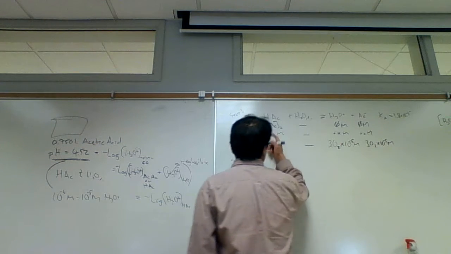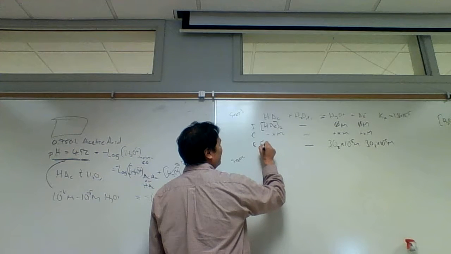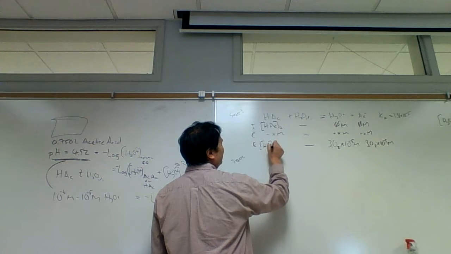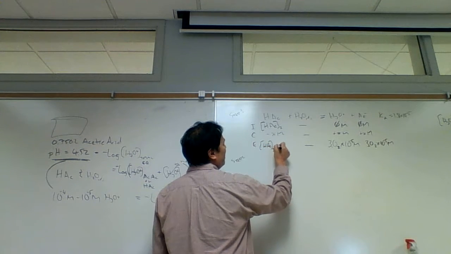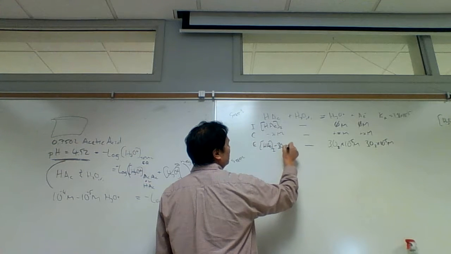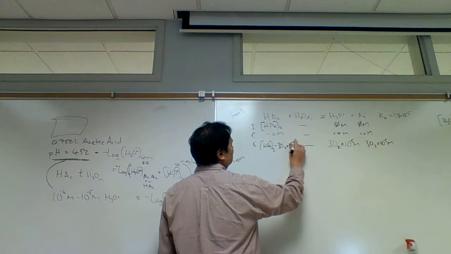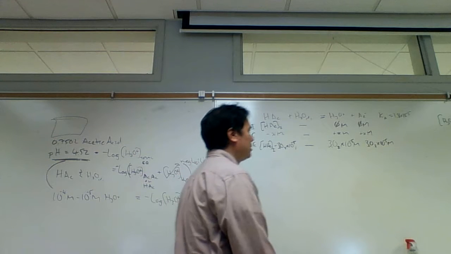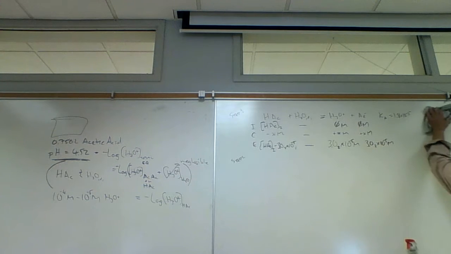And the HAC at equilibrium is going to be HAC initial minus 3.02 times 10 to the minus 5 molar. I'll just leave off the unit there, leave out the units in the Ka equation. And so in the Ka equation, we have the hydronium ion concentration at equilibrium times the acetate concentration at equilibrium divided by the HAC concentration at equilibrium.